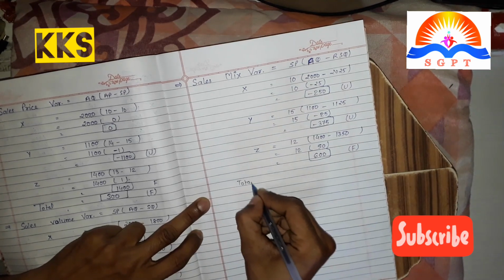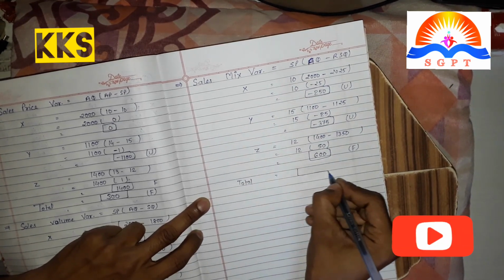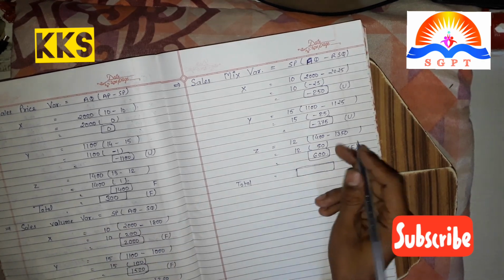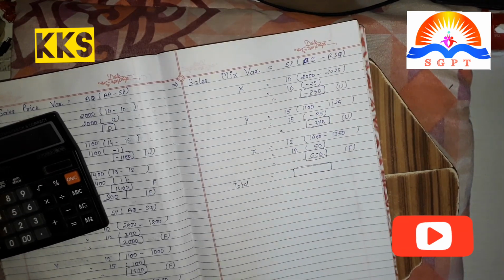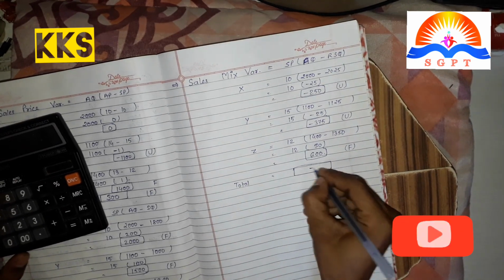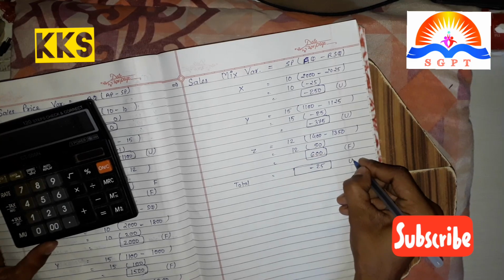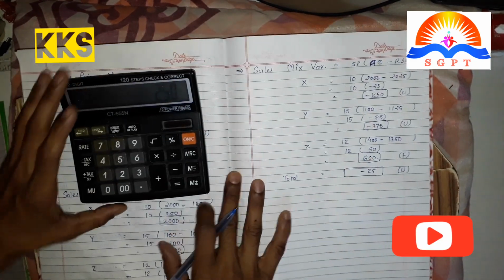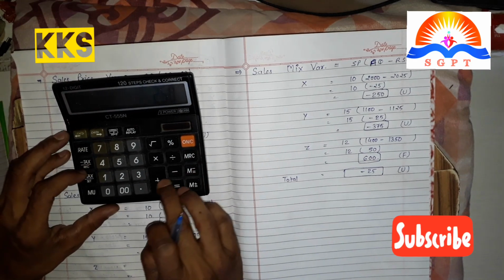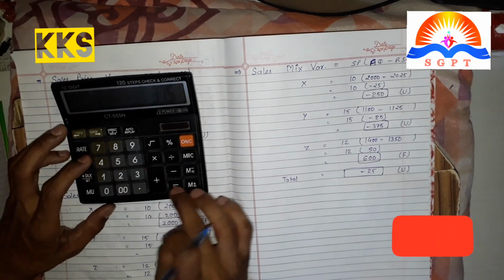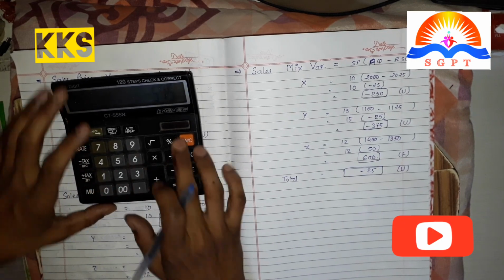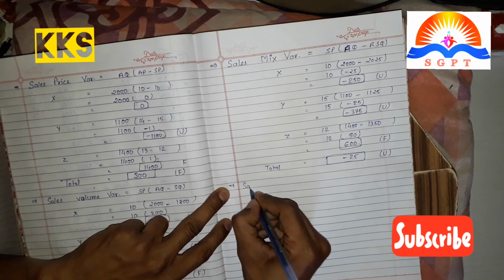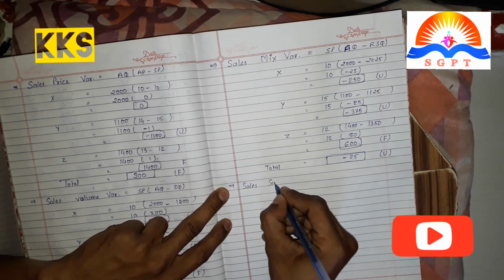Then total: 600 minus 625, so minus 25 is the total, unfavorable.